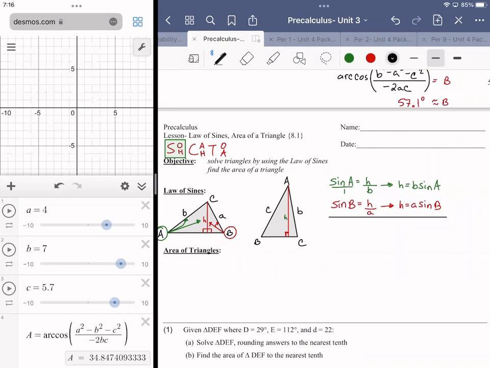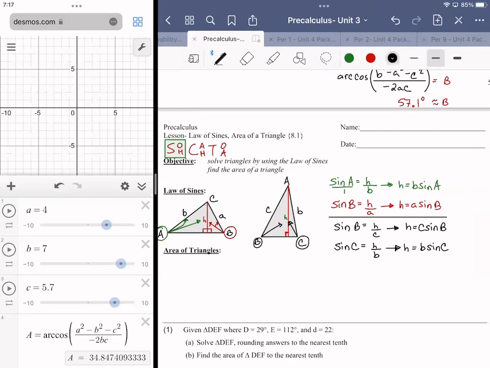Right, so I could say the sine of B would be H over C, which makes H equal to C sine B. I could say the sine of C, opposite over hypotenuse, would be equal to H over B, which means H equal to B sine C. All right.